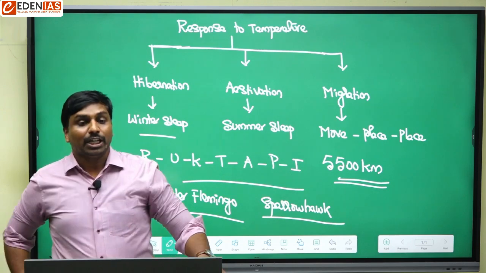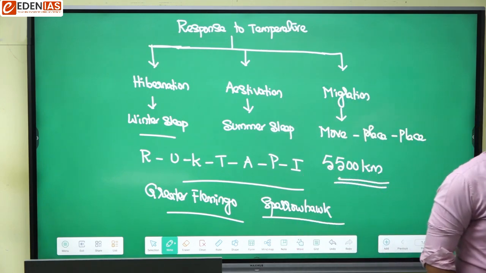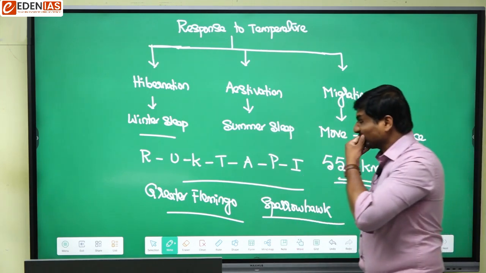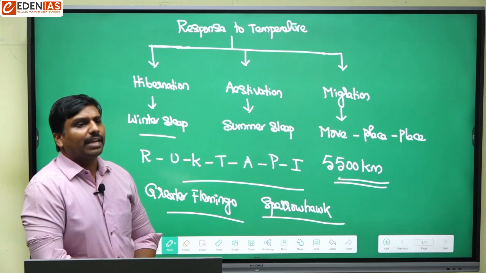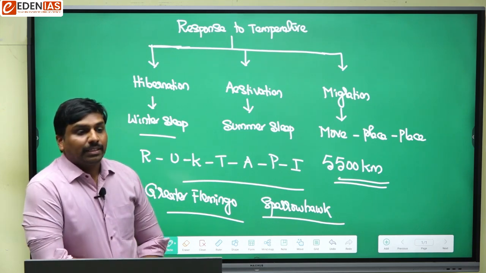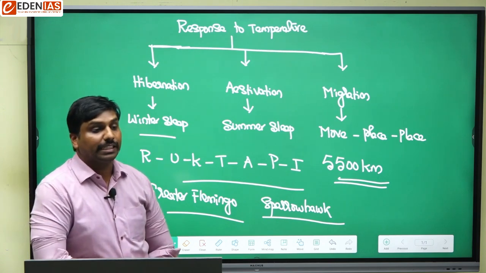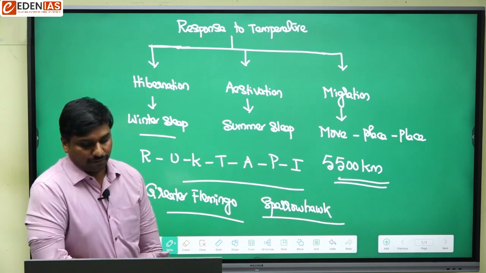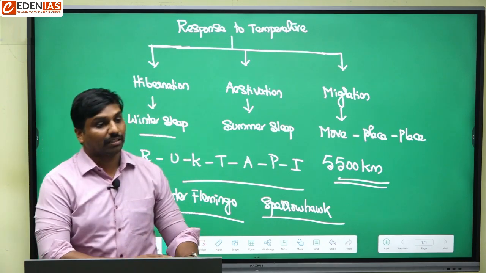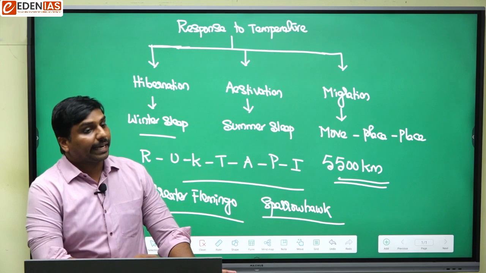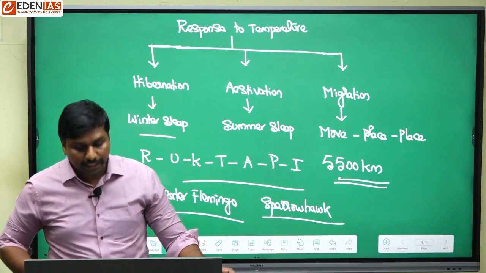In the next point you mention: to combat the problem of food shortage during hibernation, these animals eat a lot of food at once and store it in the form of excess fat.